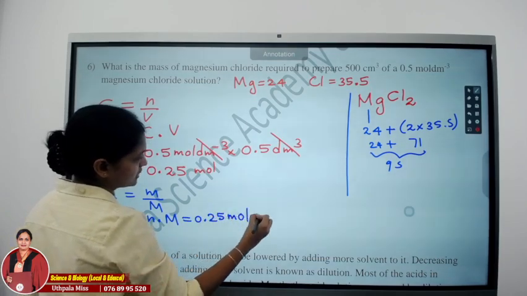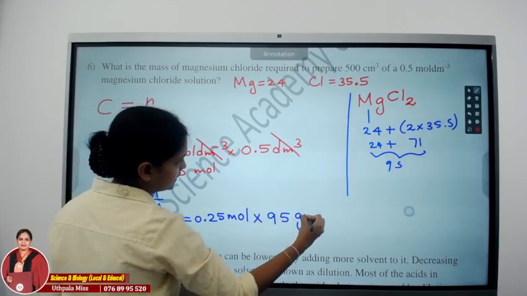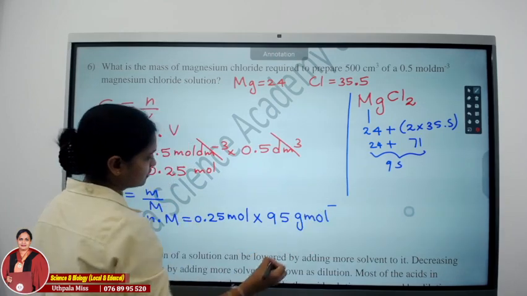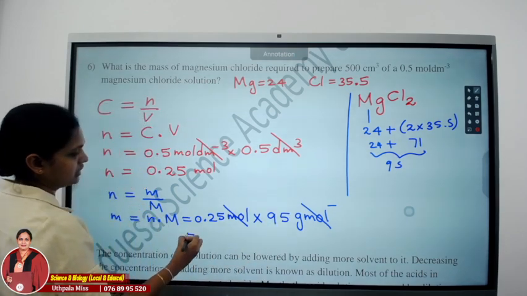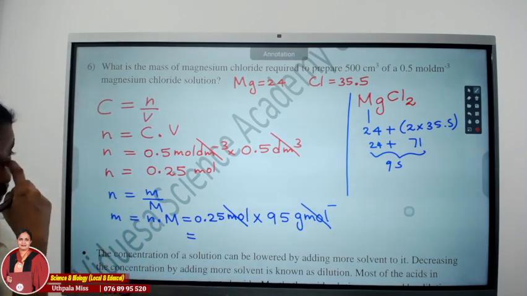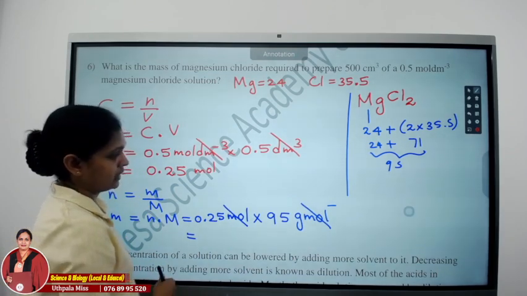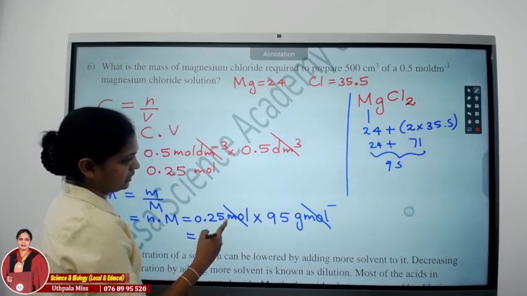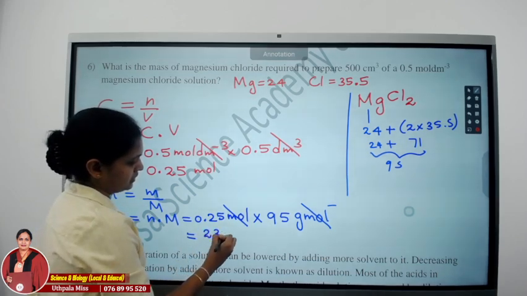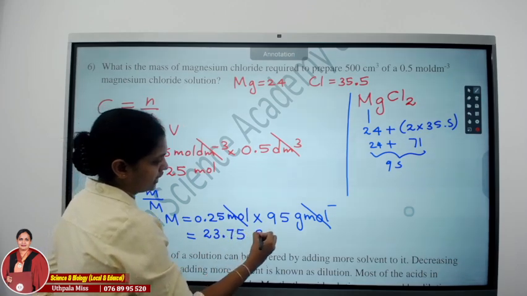The molar mass is 95 grams per mole. 0.25 is 1 over 4, so 95 divided by 4 is 23.75 grams, right?